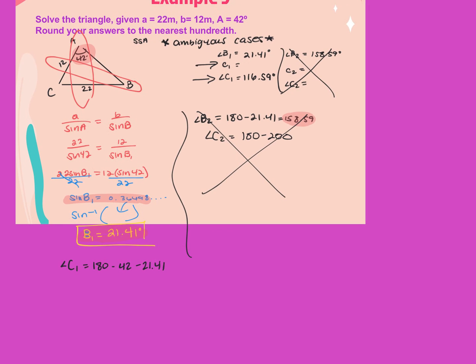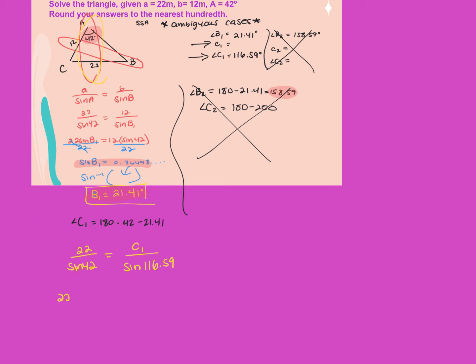All right, so now last step is use the information that was given to you. So the A, 22 over the sine of 42 equals side C1 over the sine of angle C, which we did round. Ideally, we wouldn't use it, but we have to. Cross multiply. Do you still have to put C1 even though we know there's not a C1? No, it's fine.